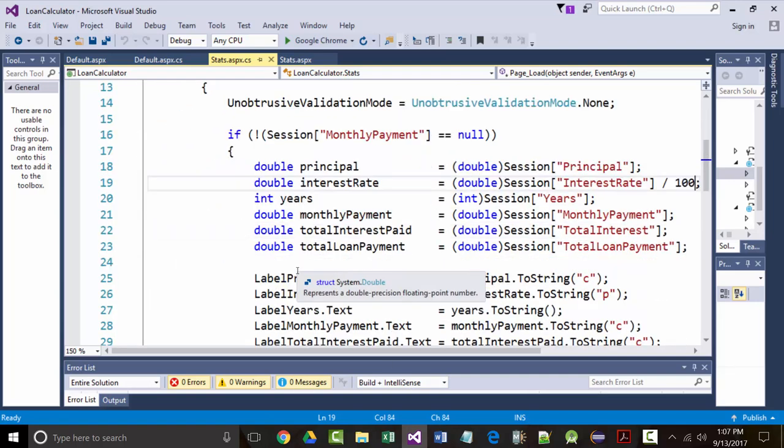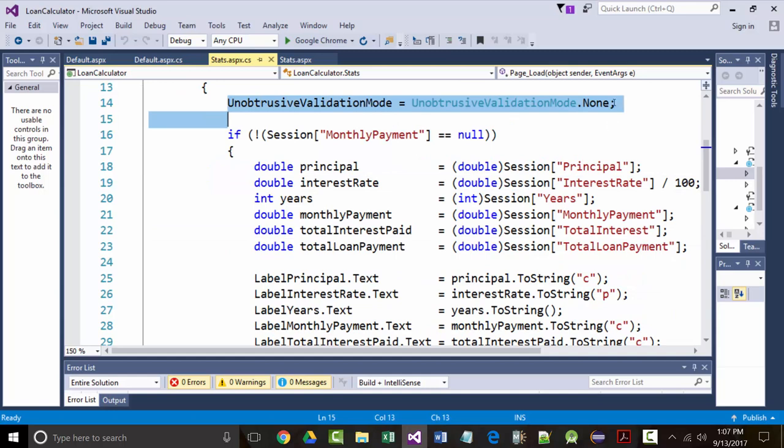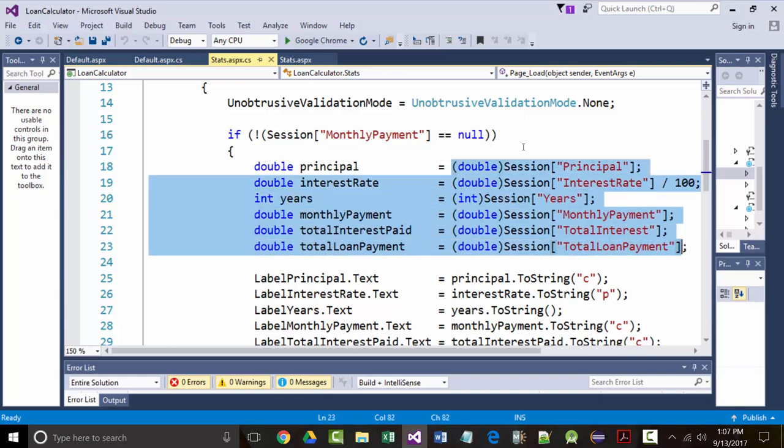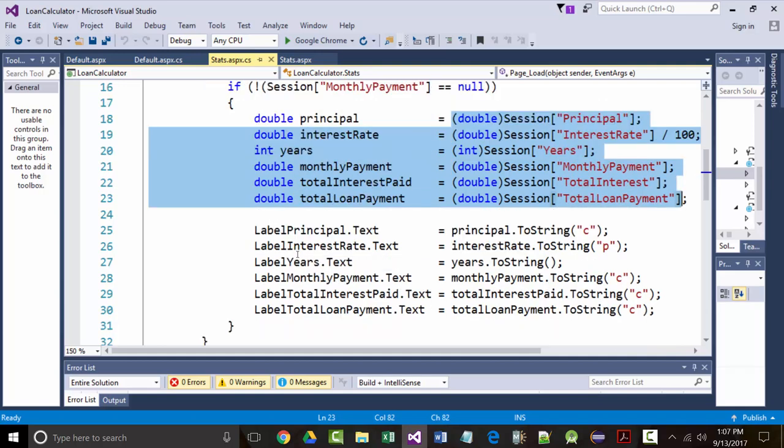All right. So here's the other one. Again, the unobtrusive validation. Now we're going in the other direction. Now we're grabbing those session variables on the right and we're copying them to local variables. And then we're doing this. Now, no one asked this question, and I never even tried it, to be honest with you.